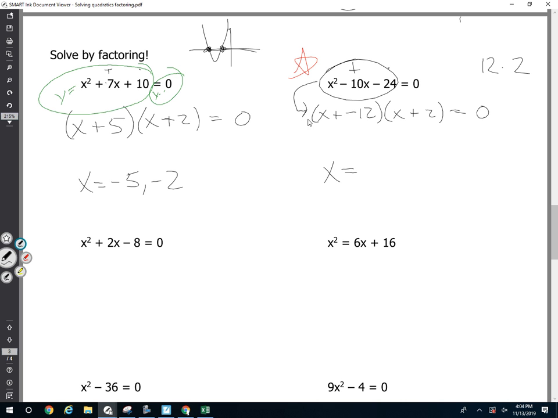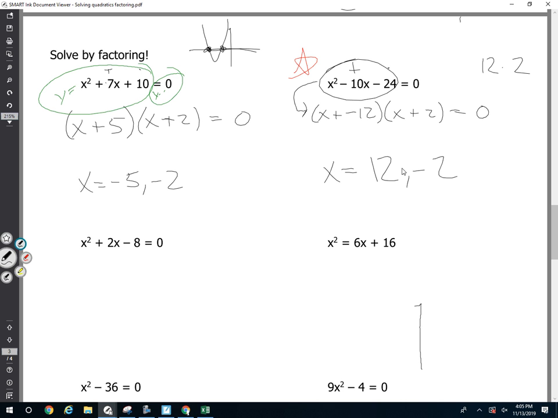Come on. This, what would make this piece 0? 12. What would make, yeah, see? These two numbers plugged in here give you 0 on the left side. It's pretty cool because we can factor and then we can solve.